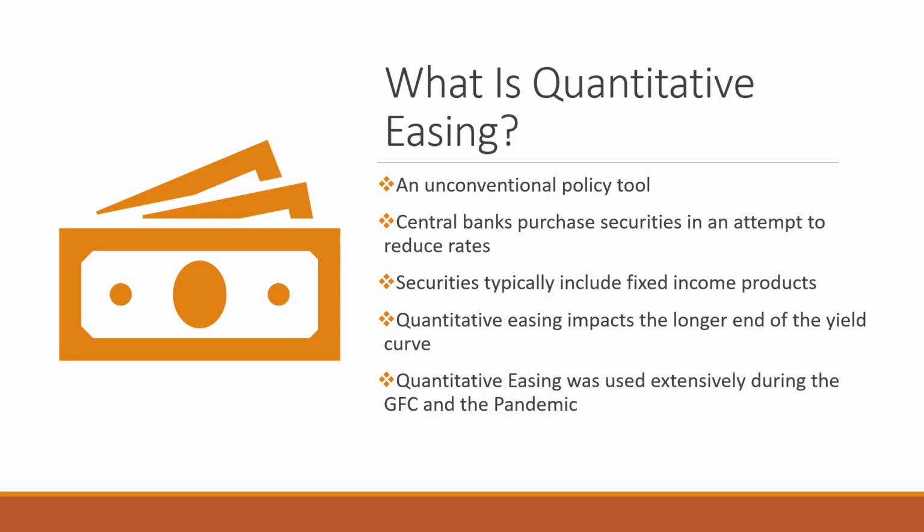So what happened in 2008 is they brought the rates down to zero, but there was only so much they could really do with the short end of the yield curve, and it wasn't doing enough to the long end of the yield curve to help the economy recover. So that's where central banks had to bring out QE.